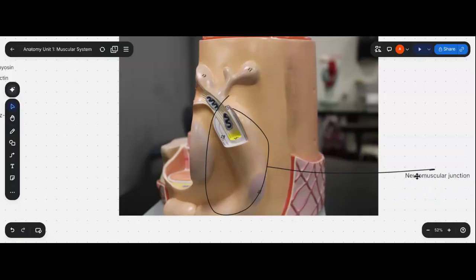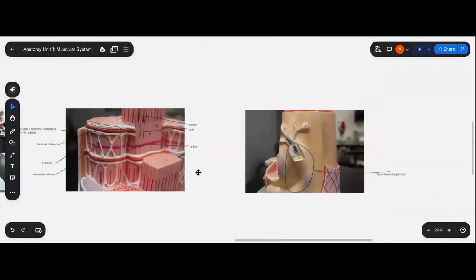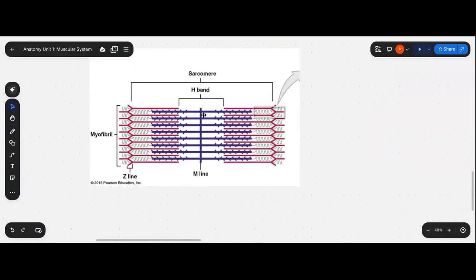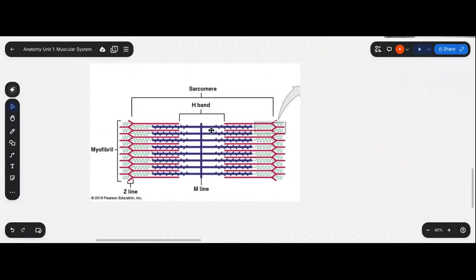All right. Now we are gonna go over this lovely model over here, which I know looks very intimidating and very confusing, but it honestly is not that bad. So this whole thing is a myofibril.